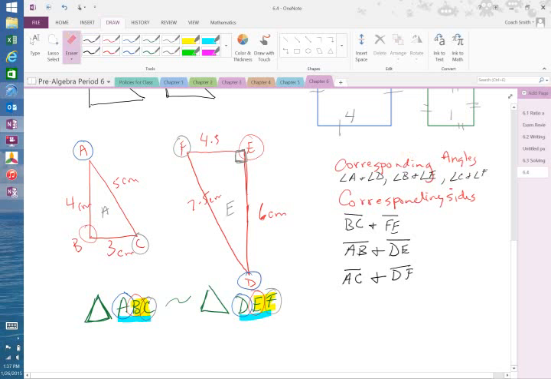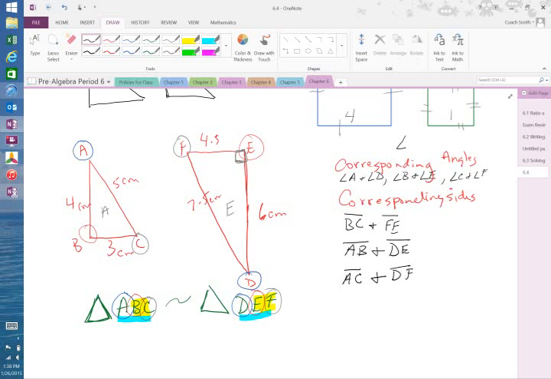It almost looks like an inequality sign, but it's like that right there. So that's the corresponding angles along with the corresponding sides.